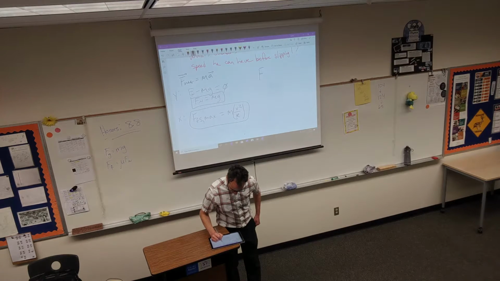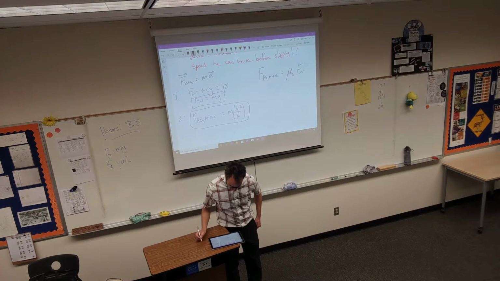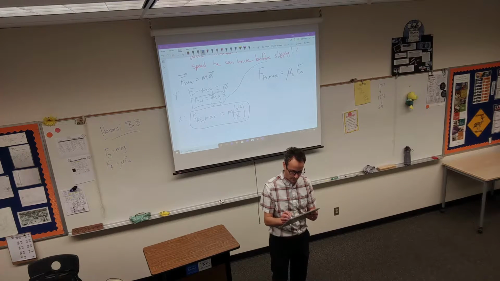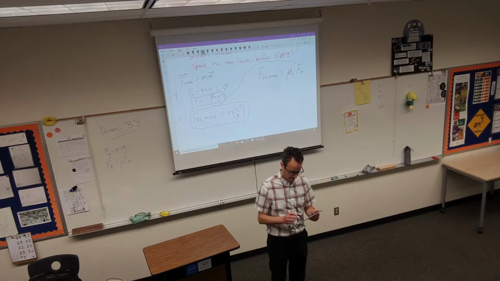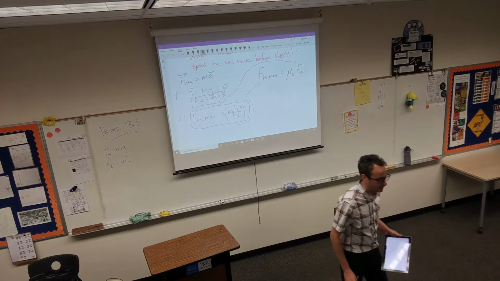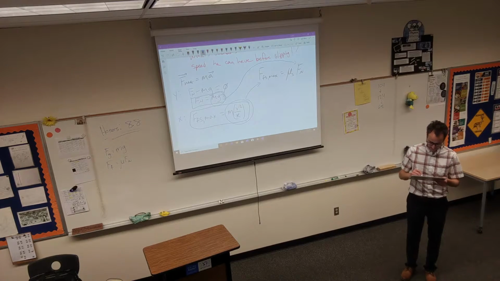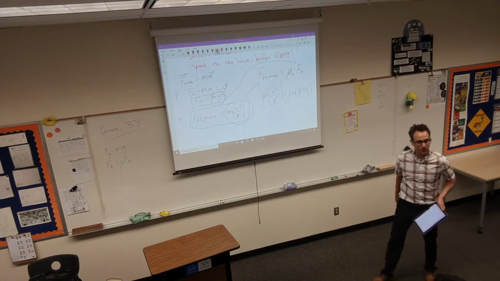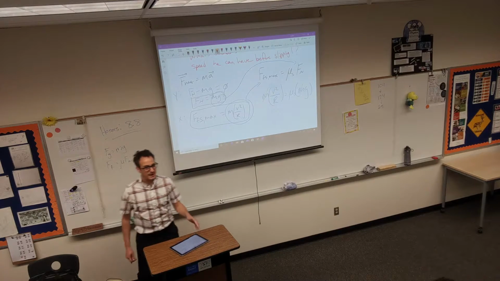I can use that Fs max equals the coefficient of static friction times the normal force, and plug that in there. Let's see what this does. m v squared over R equals the coefficient of static friction times mg. And what cancels out? The mass. So who cares what Jackson's mass is? I mean, we care.